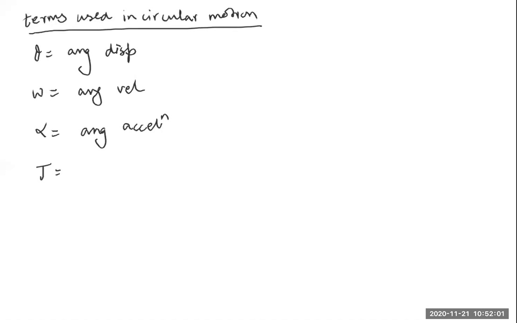Capital T is called the time period. And time period is the time for one revolution.